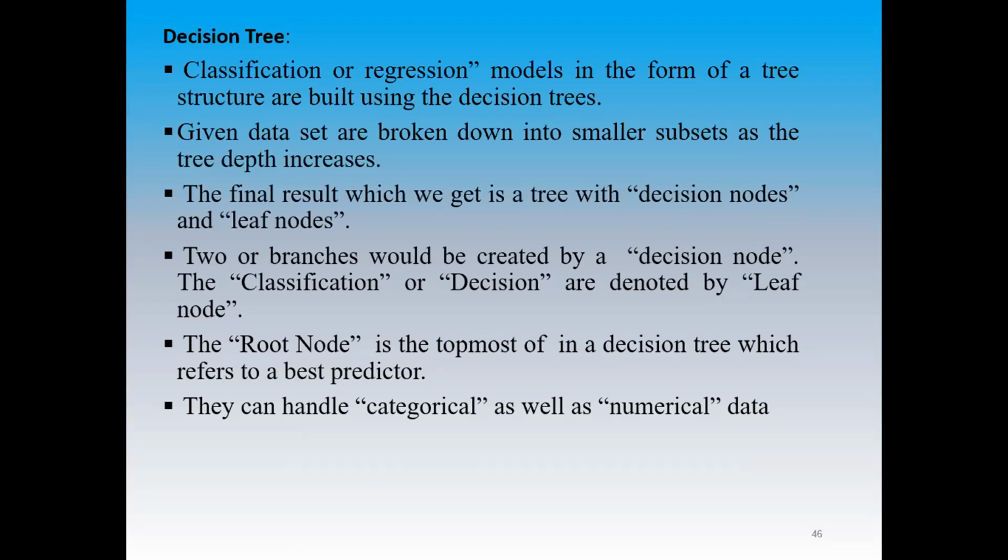Now the decision tree is used for both categorical and numerical data. Categorical meaning categories, like having corona or not, having heart disease or not. From large data sets, particularly when you want to diagnose a person for COVID or heart disease, you look for certain symptoms. You ask, what is the age group? Is the age more than 50 or less than 50? If it is less than 50, then look whether he has fever. If he has fever, then look whether he has a breathing problem or not.